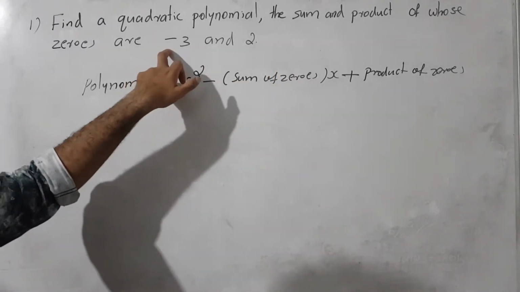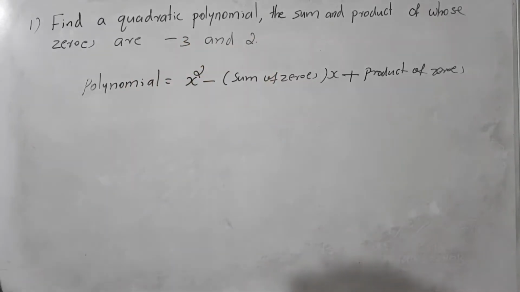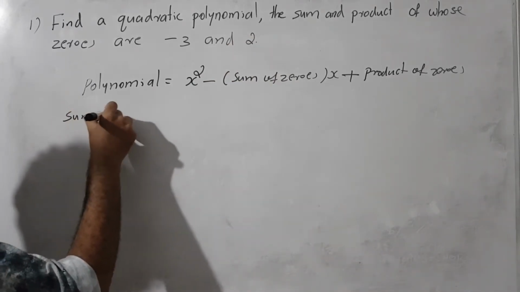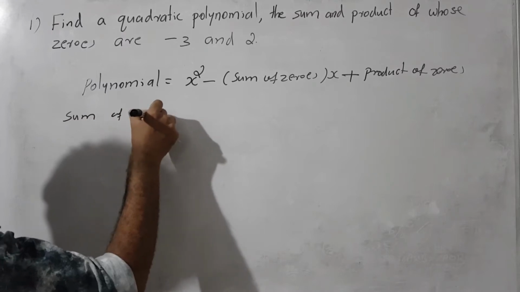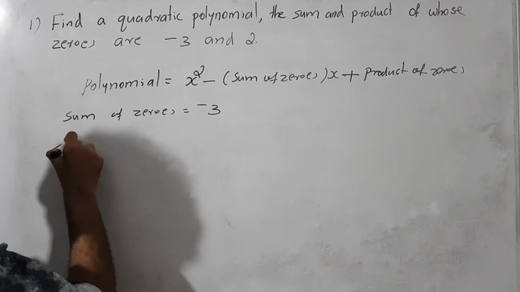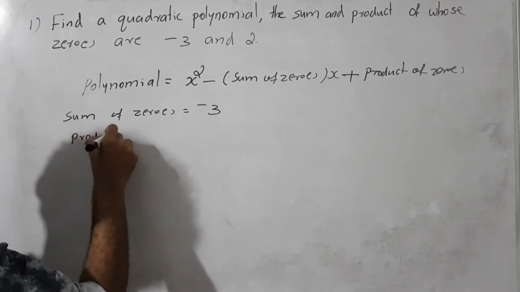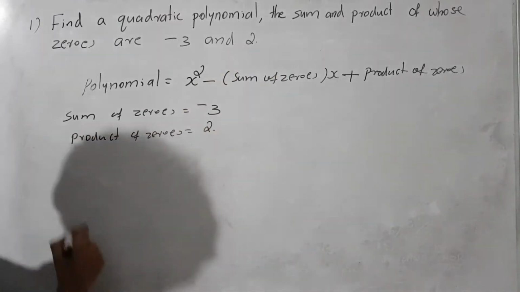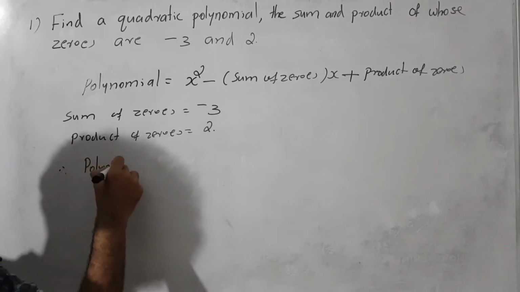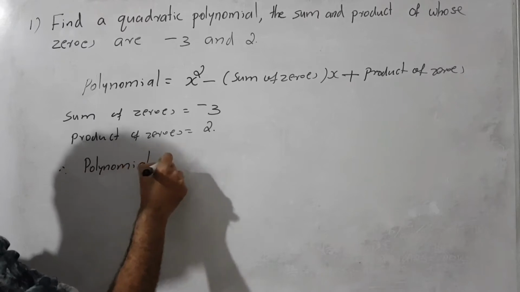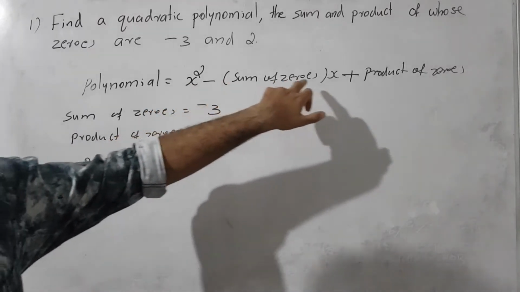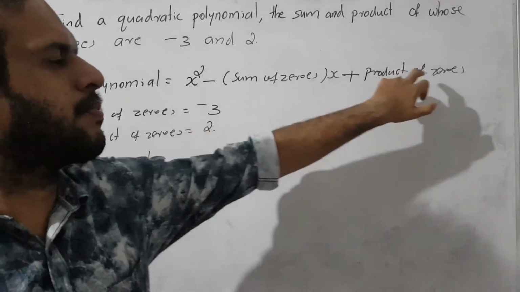The first one, minus 3, is the sum and 2 is the product. Correct? So we write next: sum of zeros is equal to minus 3, product of zeros is equal to 2. Correct? Therefore, the quadratic polynomial is equal to, what is our equation? Our equation is x square minus sum of zeros into x plus product of zeros.